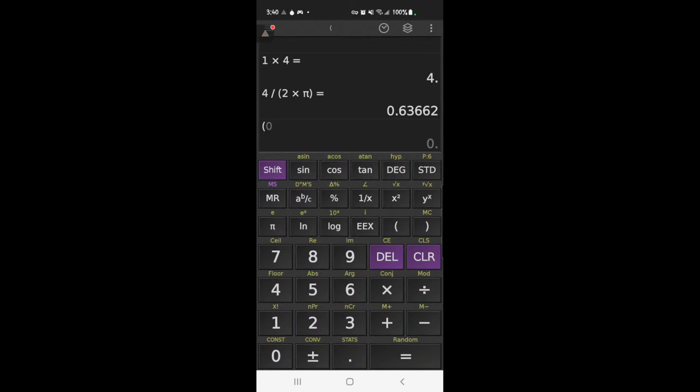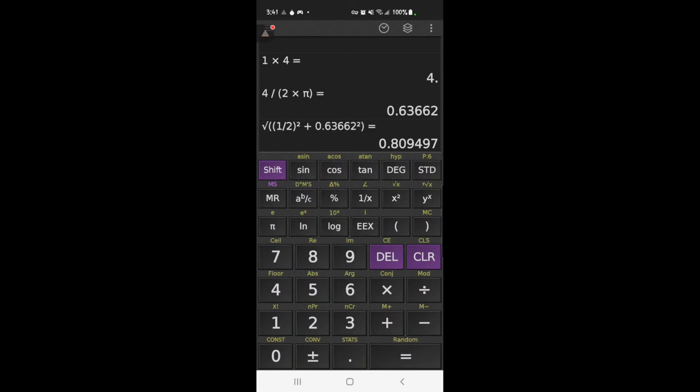So that would be 1 divided by 2 squared plus that squared equals that. And what do you know?